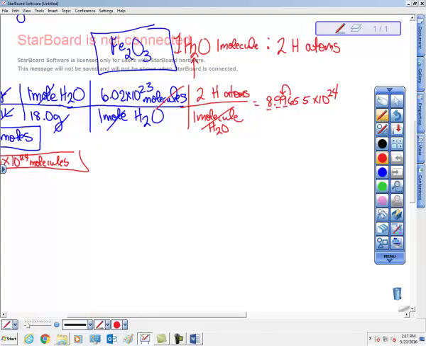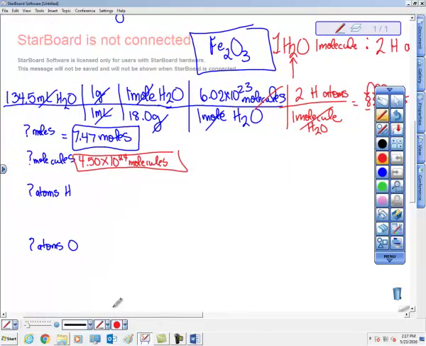Looks like you need to round that 9. That 9's going to turn into a 0. What does that 8 turn into in the very front? A 9. So this would give us 9.00, I'm sticking with 3 sig figs, times 10 to the 24th hydrogen atoms.